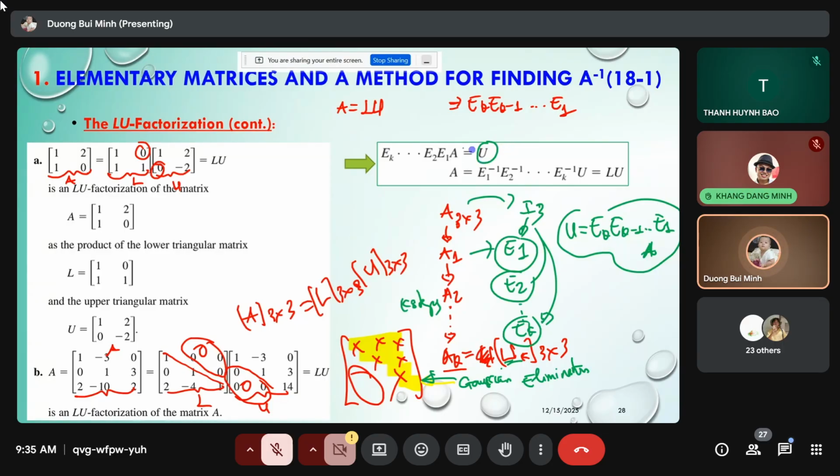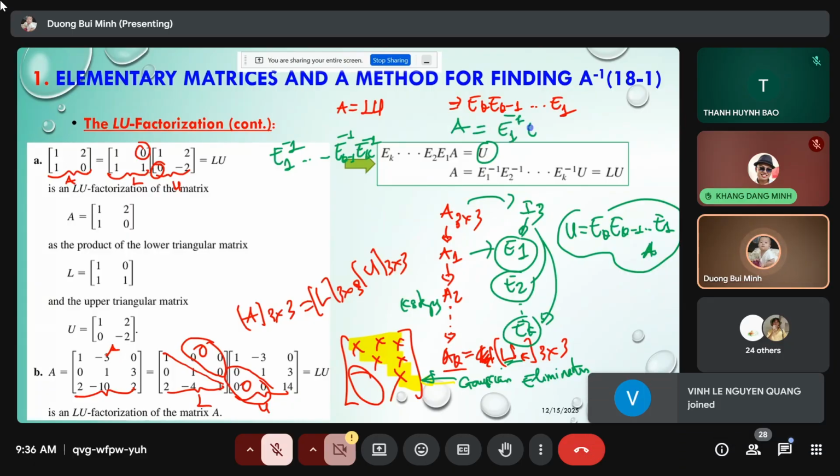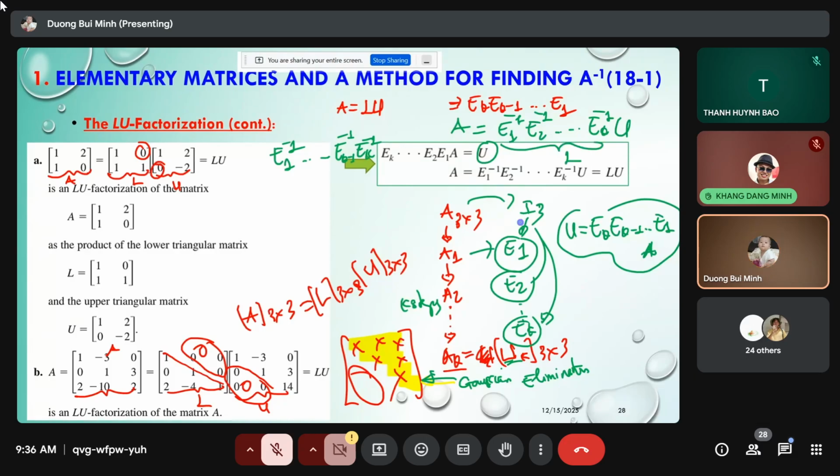So from here, if I multiply by the inverse of EK, the inverse of EK minus 1, and so on, down to the inverse of E1, you get A equals the inverse of E1, inverse of E2, and so on, inverse of EK, times U. So what is this? This is L.